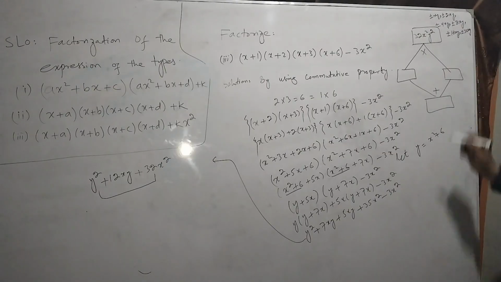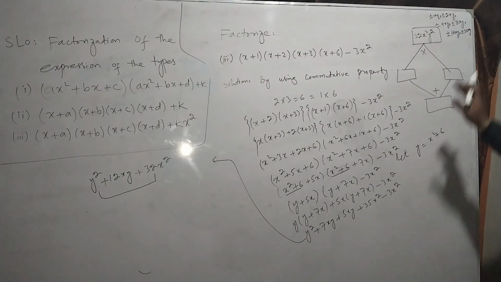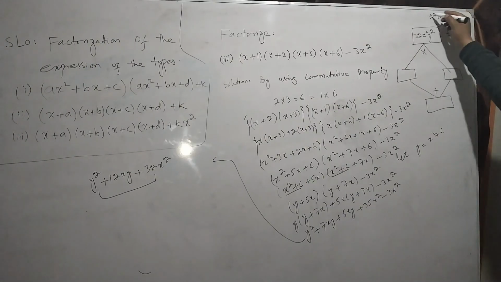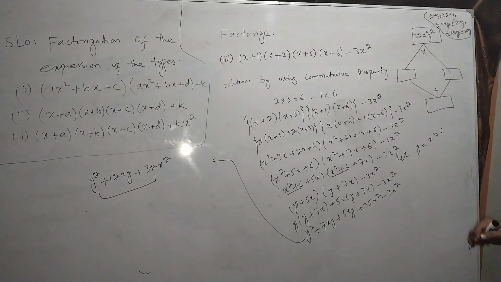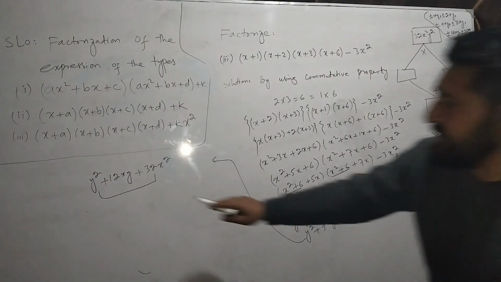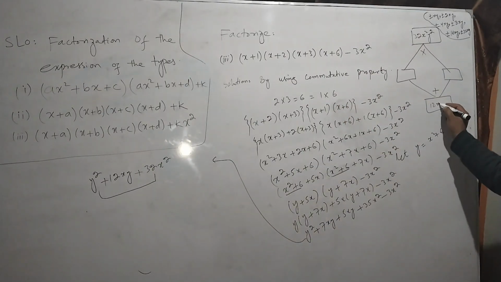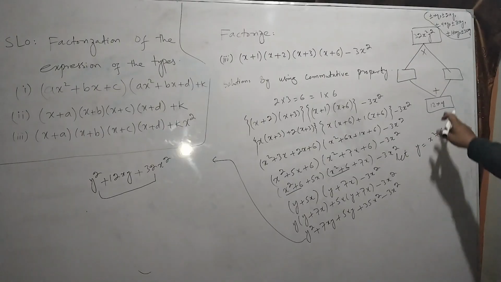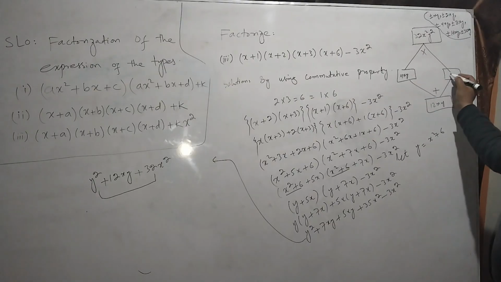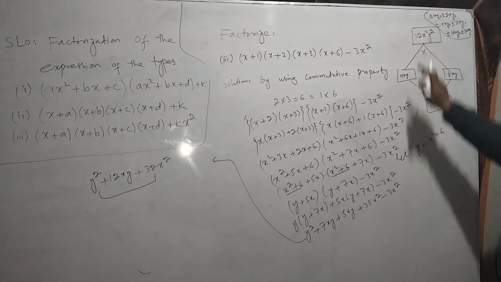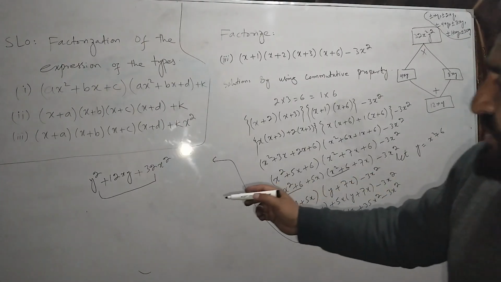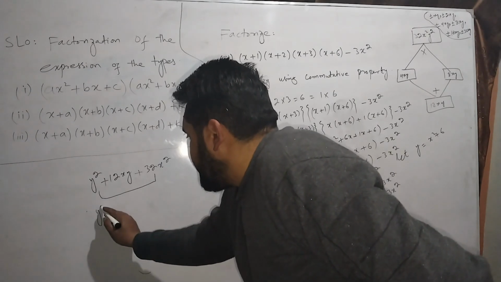These are the factors of 32x square y square. We pick any two factors from here whose multiplication should be equal to 32x square y square. And what is our middle term? Our middle term is 12xy, and whose addition should be equal to 12xy. So we take 4xy and 8xy. If we multiply these two, our result is this one. If we add these two, our result is plus 12xy. So we just break the middle term like this.